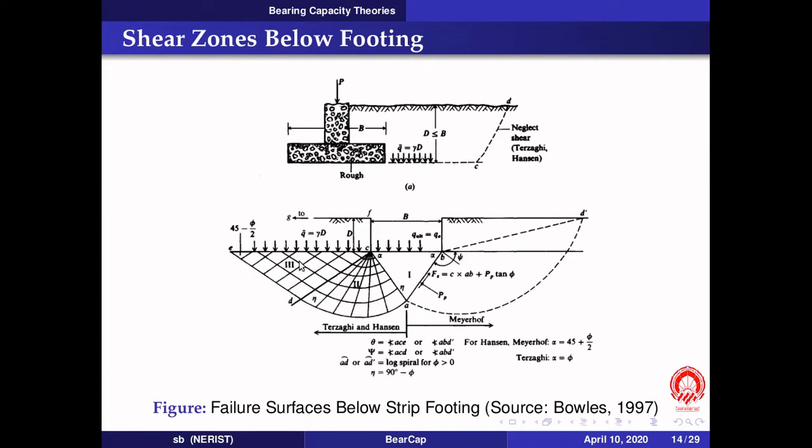this portion is called the Rankine passive zone. You have not studied earth pressure coefficients yet. When we study them, we will come to know that there is something called passive earth pressure. When something pushes the soil against its original location, then passive pressure occurs.